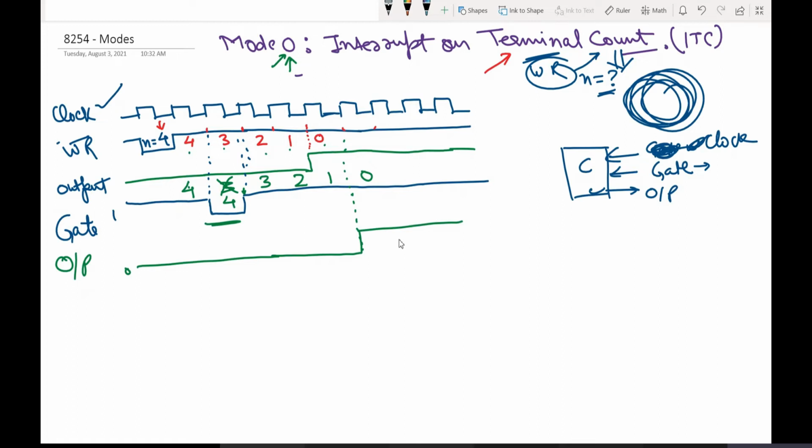So see, this is the change we are having in the output when gate is low at any point of time within the operation. So is that understood? All of you, is that understood? Yes, sir.